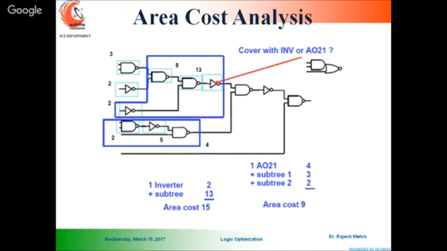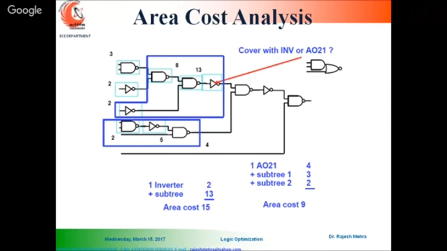Then next, in the next one, up to here, what was the cost? It was 13, and if we calculate this, then it will become 15, right?